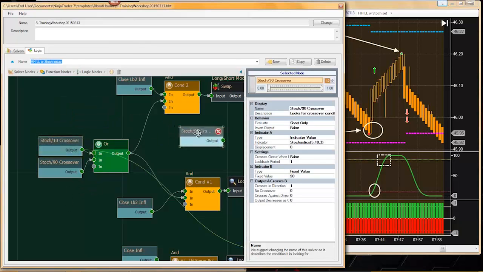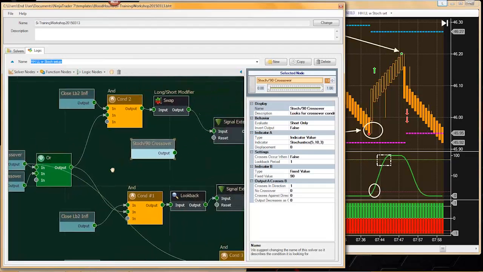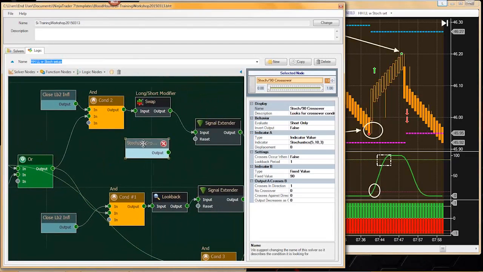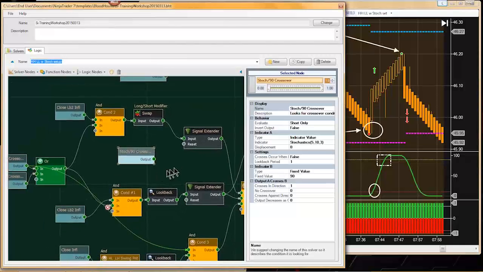Let me take this guy that I'm no longer using, and I will modify his use.